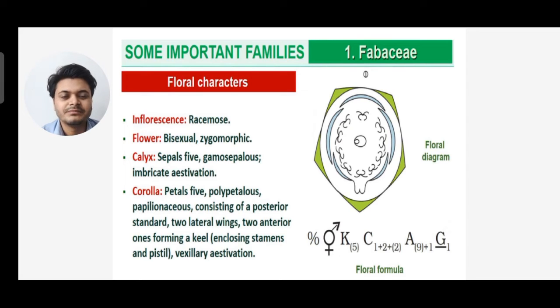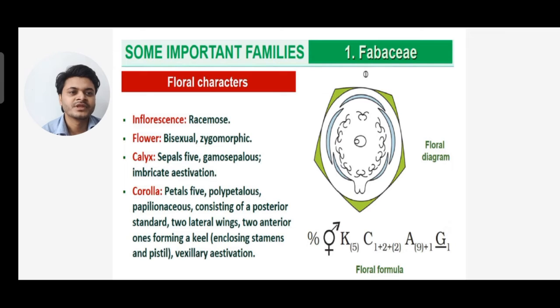Calyx: sepals 5, gamosepalous, that means the sepals are fused, with imbricate aestivation. Corolla: 5 petals, polypetalous, papilionaceous, consisting of a posterior standard, two lateral wings, and two anterior ones forming a keel, enclosing stamens and pistil. The aestivation is vexillary.